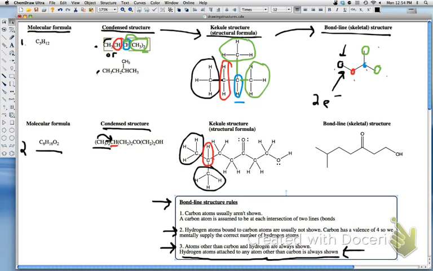So now what's next is I have 2 CH2s. Those are connected to each other. So the carbon in red is connected to 1 CH2, and then that CH2 is connected to another CH2.